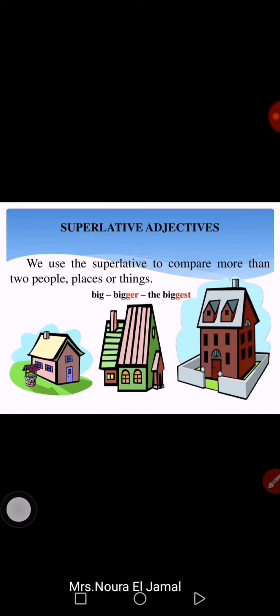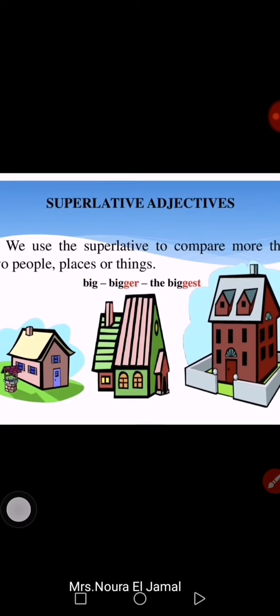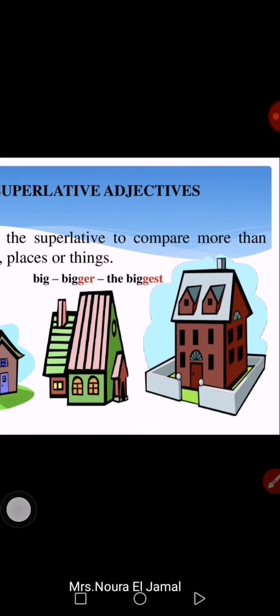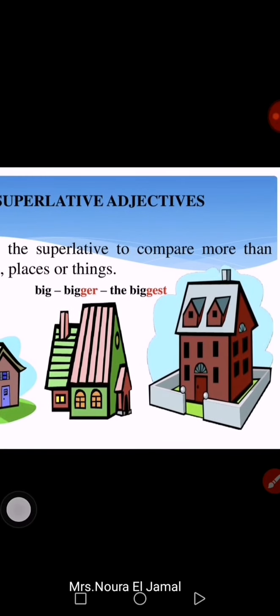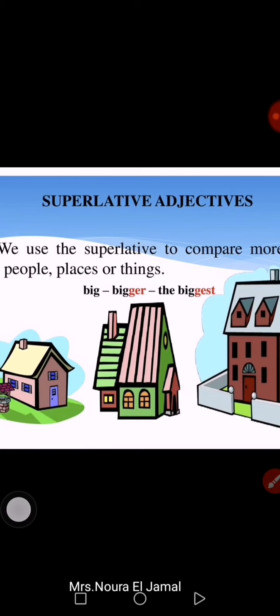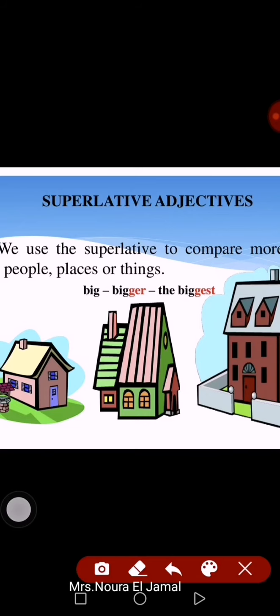Here, look at this picture. The first house here is big. The second one is bigger. The third one is biggest. So if I compare between the first one and the second one, I'll use the comparative adjective, bigger.